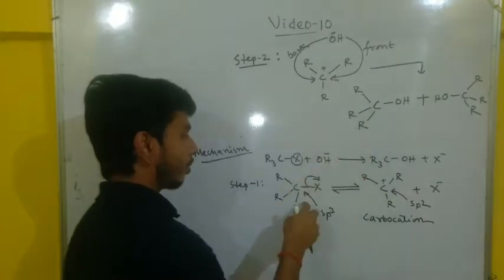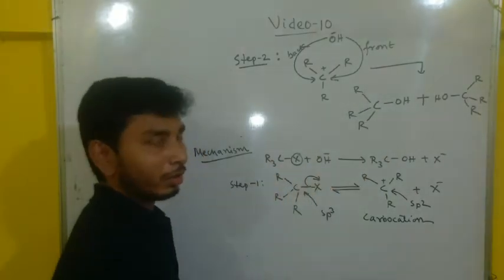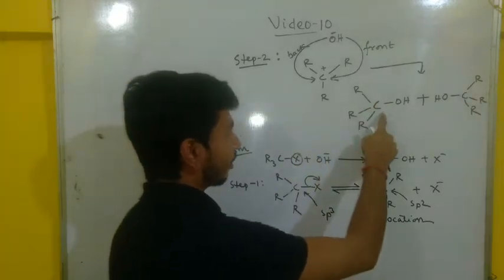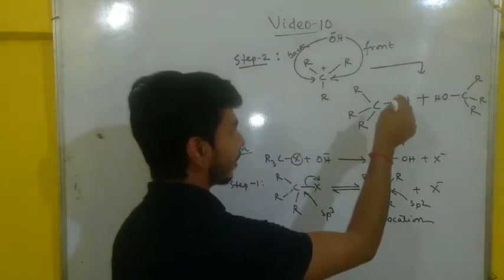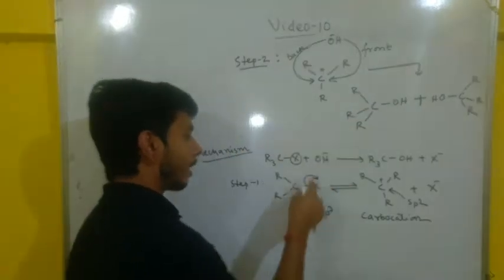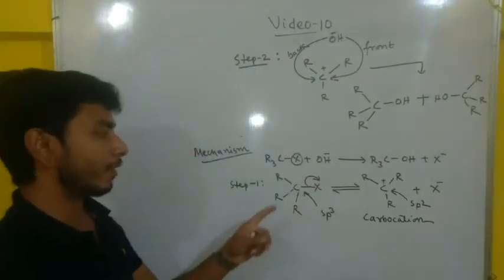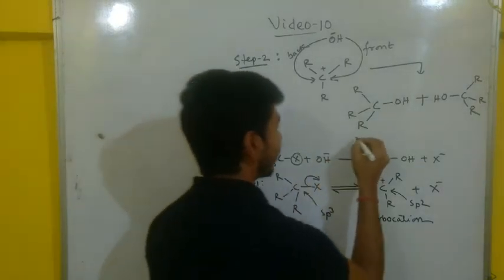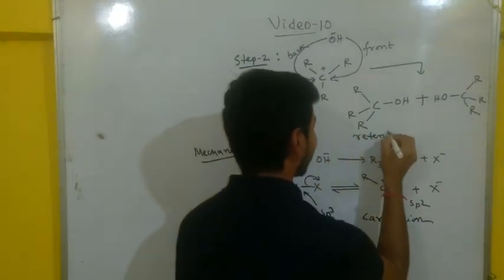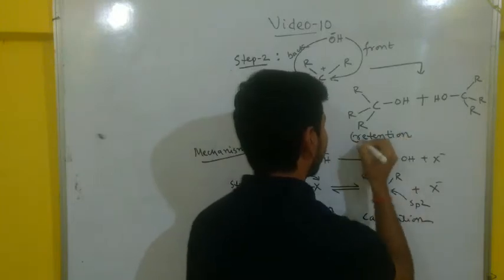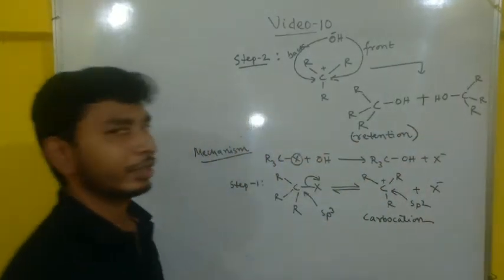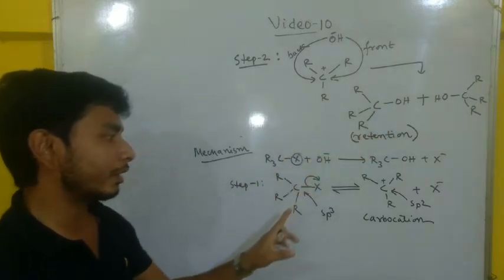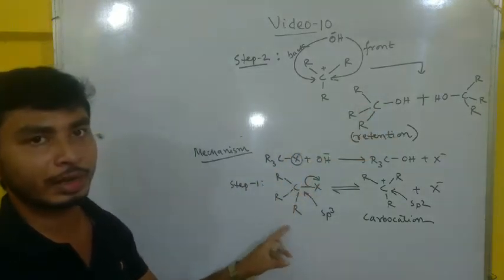So the orientation of these two molecules is the same. When the structural orientation of the product is similar to the structural orientation of the alkyl halide, it is known as retention.